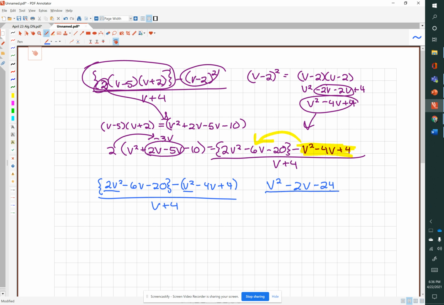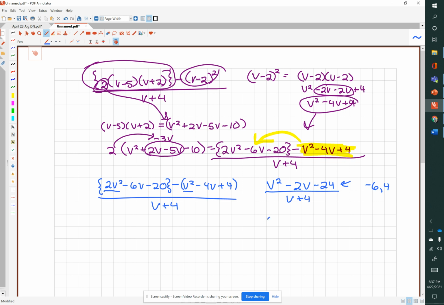And now we're dividing that by v plus 4. So we're just going to keep on simplifying until we get to the end. Now we have to factor v squared minus 2v minus 24, which factors, we need two numbers that add to negative 2 and multiply to negative 24. So that would be negative 6 and a positive 4.